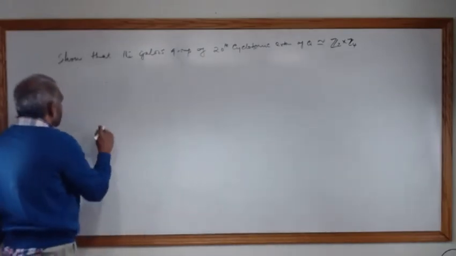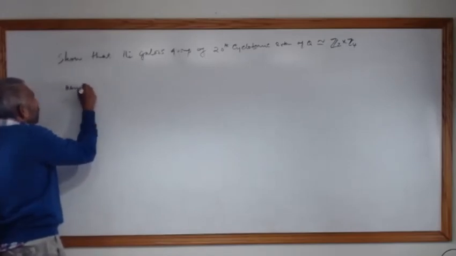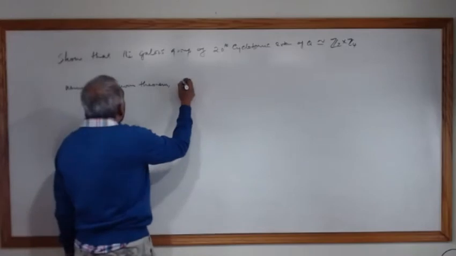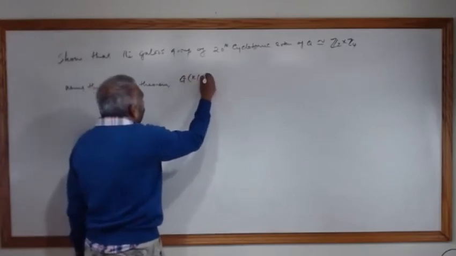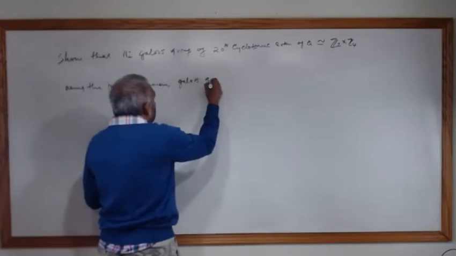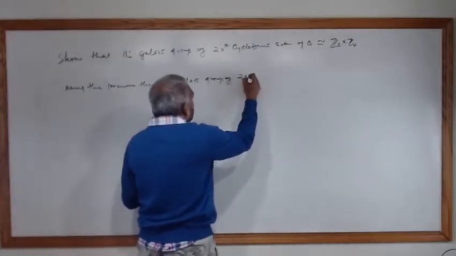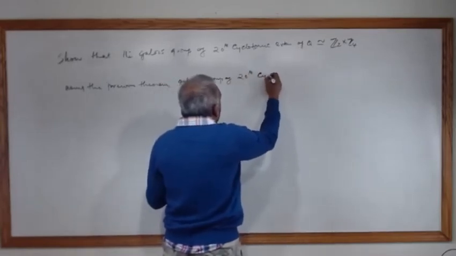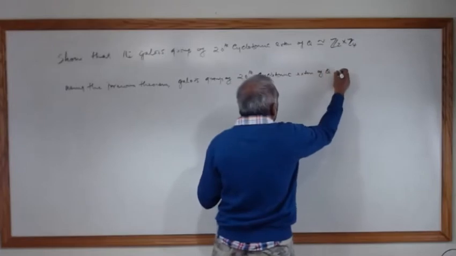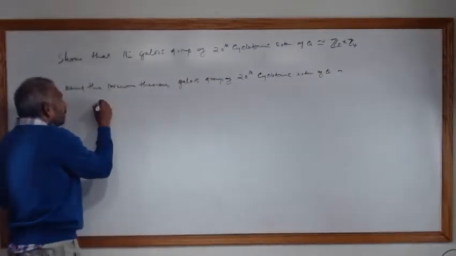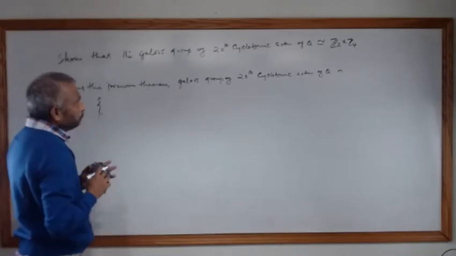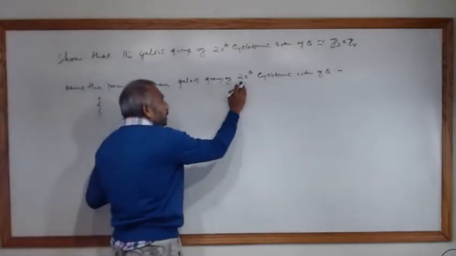So using the previous theorem, the Galois group of the 20th cyclotomic extension of Q is isomorphic to the group of integers that are prime to 20 and less than 20.